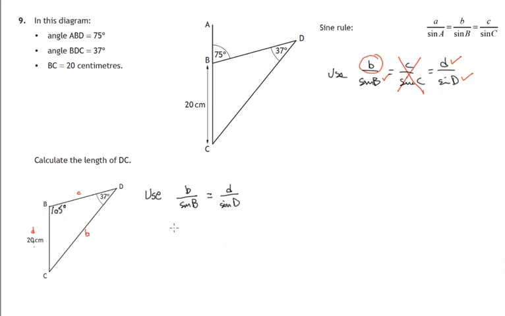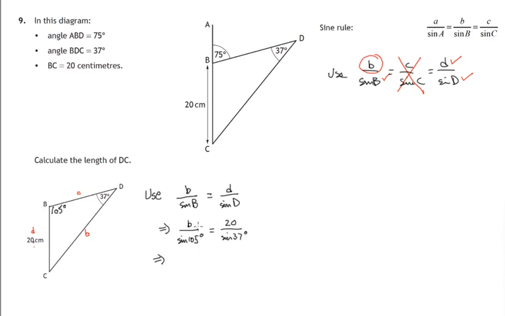And let's put in everything that we know. We don't know b, but we're trying to find it. We know angle B is 105. Little d is 20. Sine D, we know D is 37, so that's sine of 37 degrees.